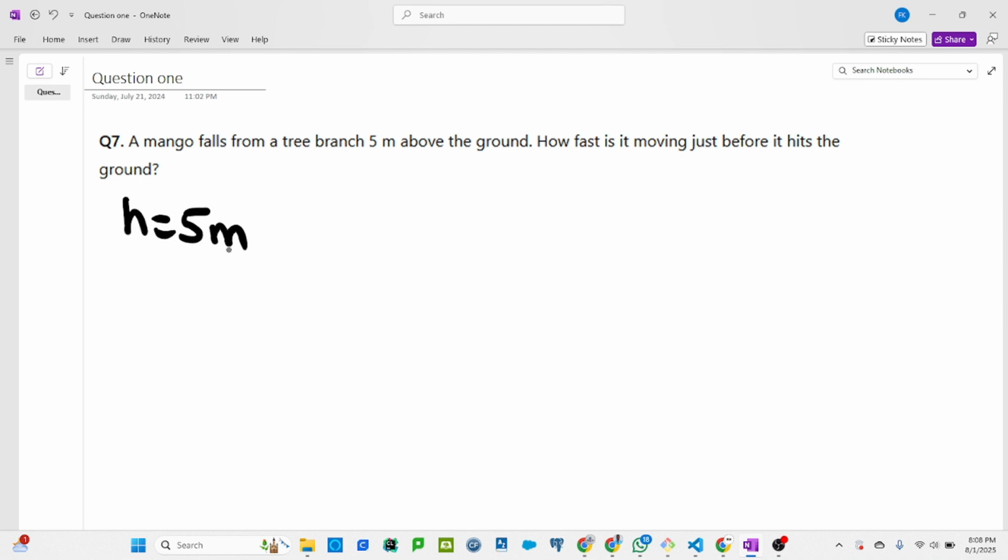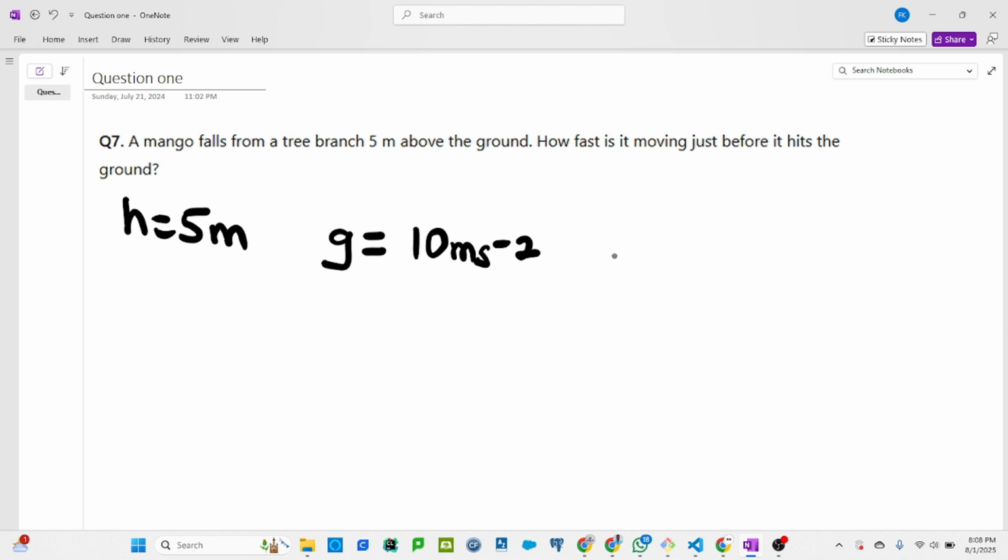Then our acceleration due to gravity is 10 meters per second squared. Is it positive or negative? Positive. Millicent, do you know why it's positive? Because it's coming down, in the direction of the force of gravity. Good.